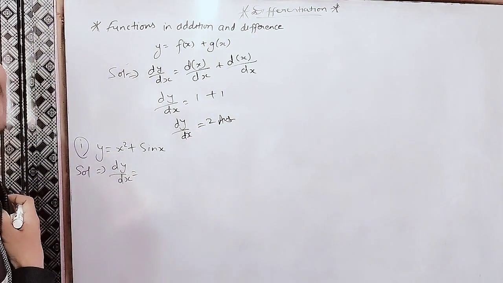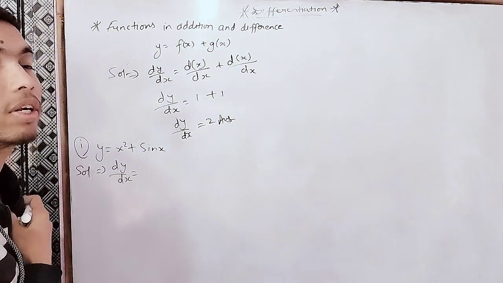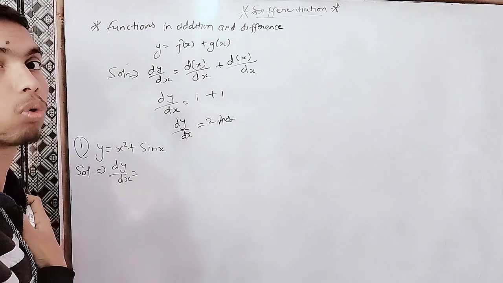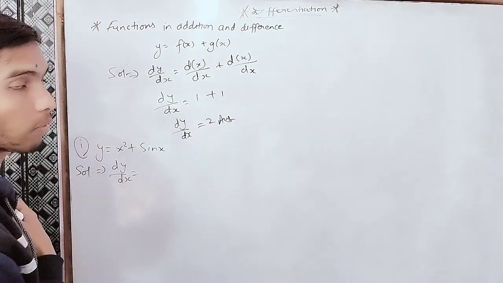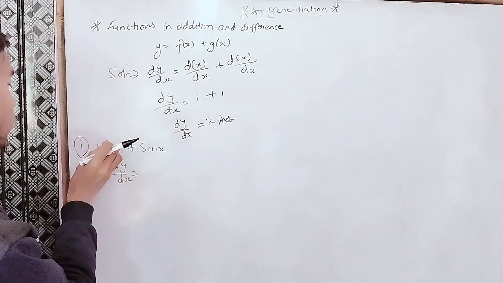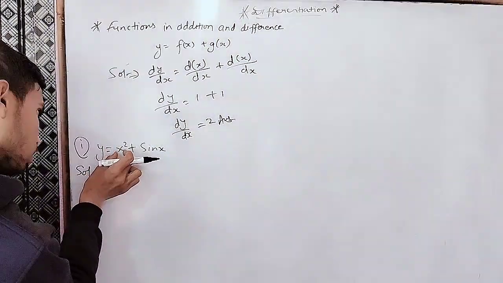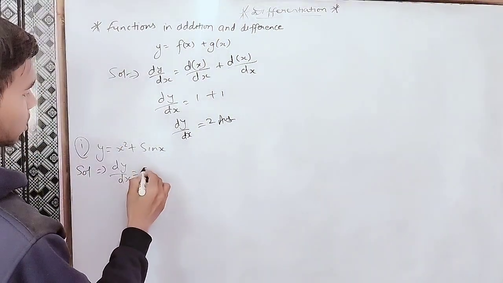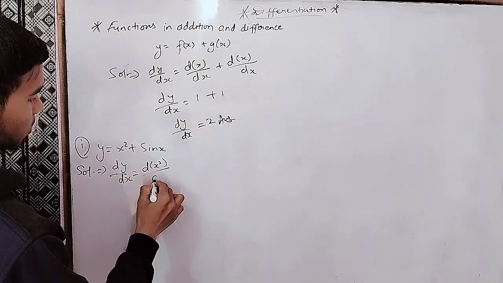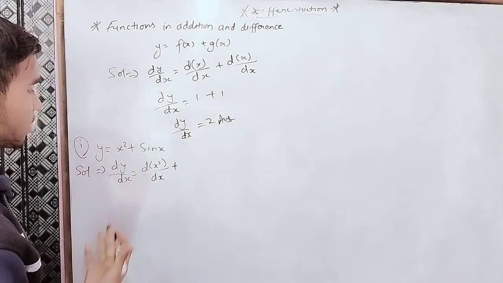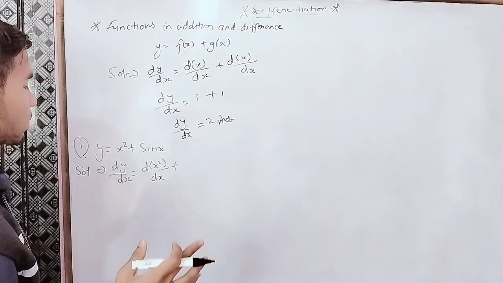We have to represent all whatever we have been given in the question. So first of all, we will do differentiation of x square. Then we have add, as we wrote.